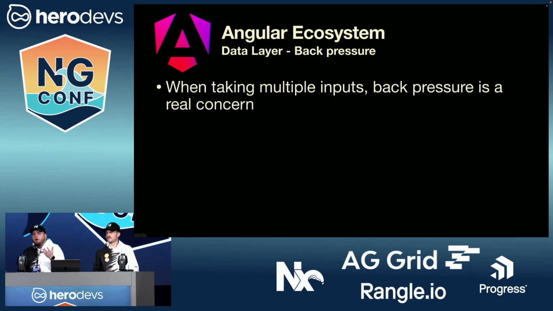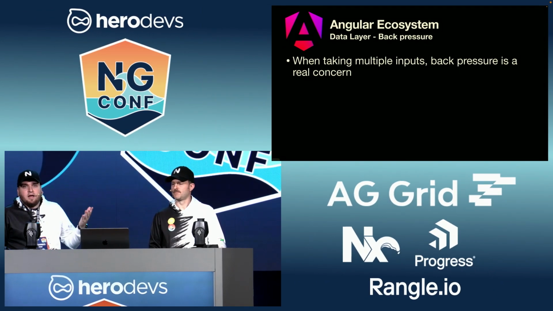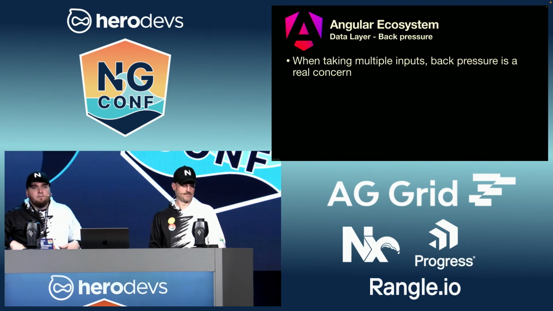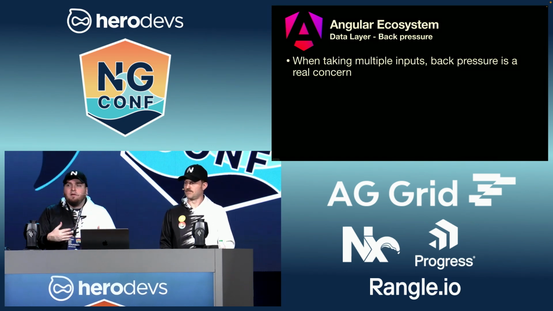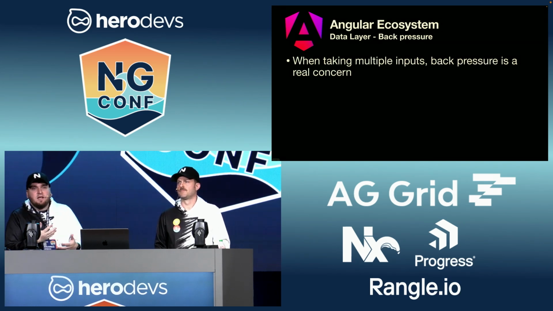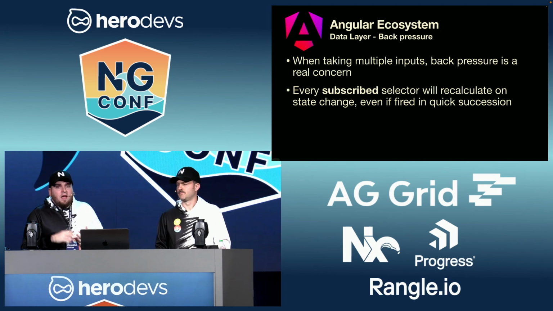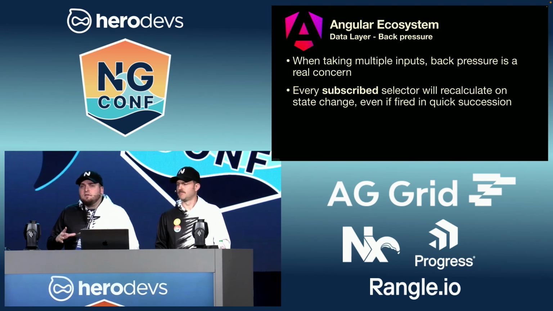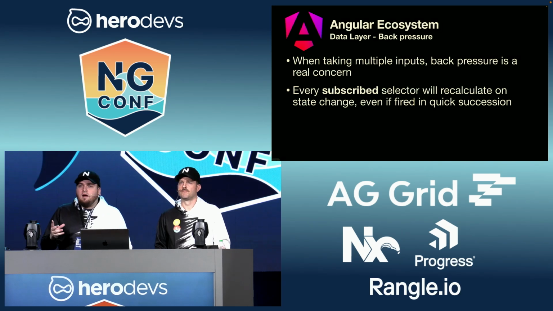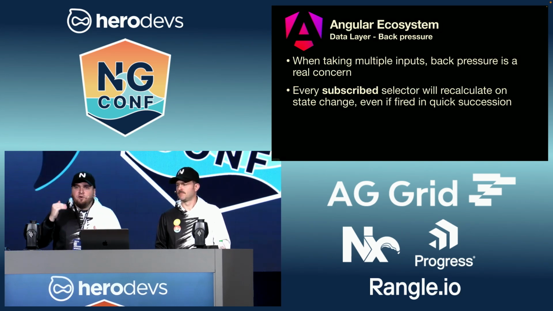And then you also have back pressure. This is something that NgRx and RxJS in general have, where there are multiple inputs. You can drag a lot of faders up and down, and they'll give you more state changes, multiple times per second or per frame, and you don't want that. So every subscribed selector that you use, async pipes, whatever you do on NgRx and subscribe to, is going to trigger the selectors on every state change.